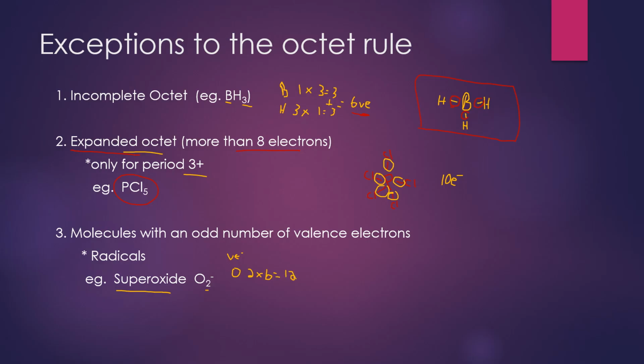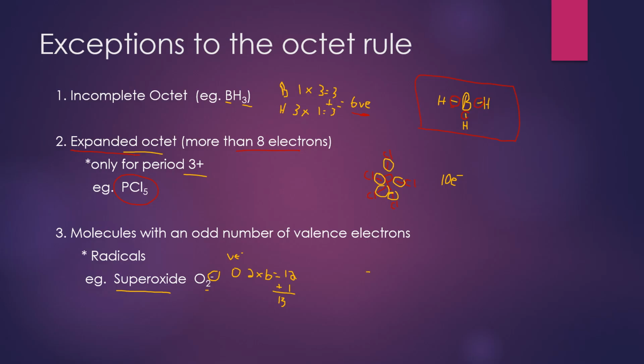But remember, if there's a charge, we have to take that into account too. In this case, it's a -1, so we're going to add 1 more for a total of 13 valence electrons. Now that I know I have an odd number of valence electrons, that tells me there's a radical, that I'm going to have an unpaired electron.